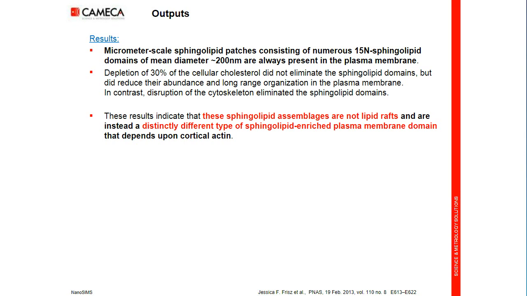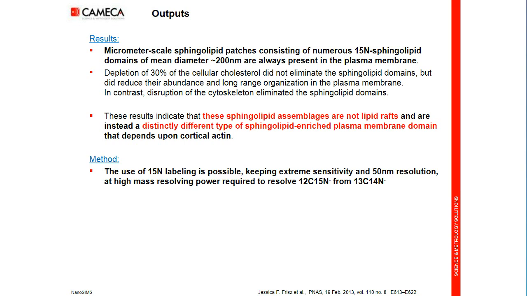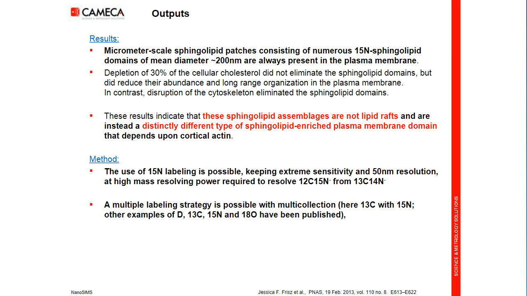In terms of NanoSIMS methodology, we have seen the possibility to use nitrogen-15 label, keeping extreme sensitivity and spatial resolution despite the high mass resolving power required to resolve potential mass interference from carbon-13. We have seen that a multiple labeling strategy is possible with multi-collection. Here it was carbon and nitrogen isotopes in parallel, but other publications have shown, for example, deuterium, carbon-13, nitrogen-15, and O18.